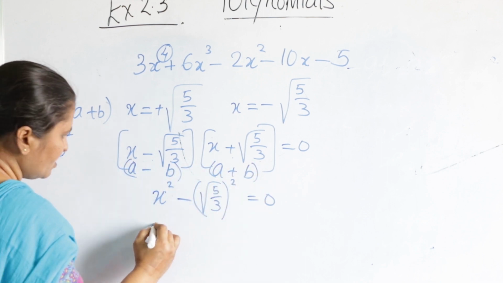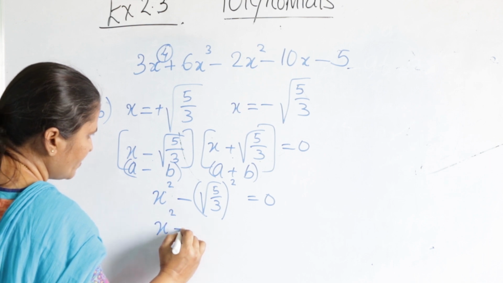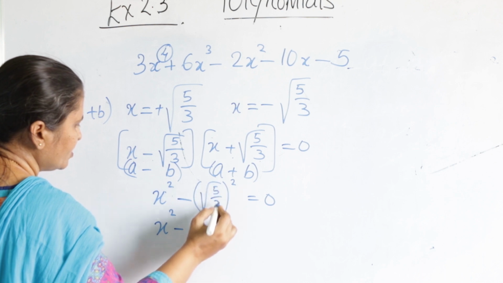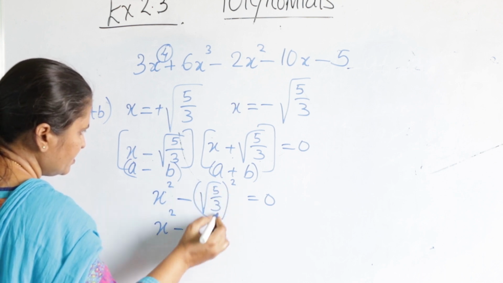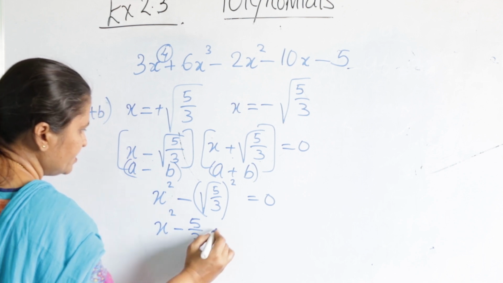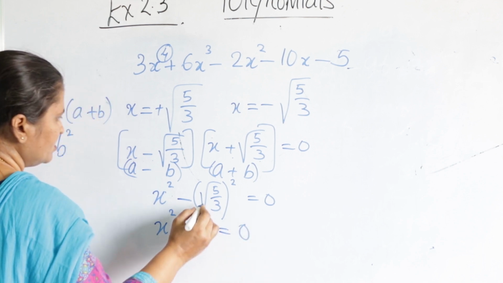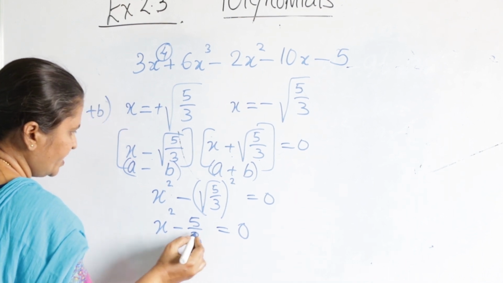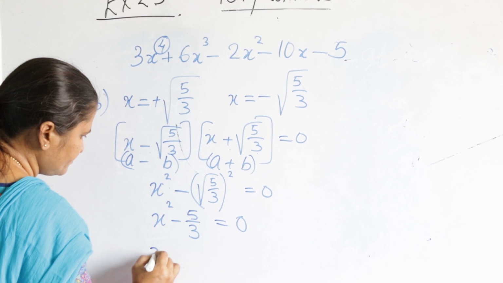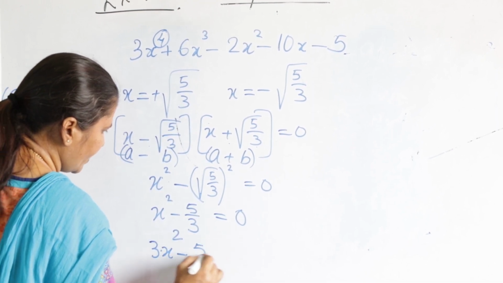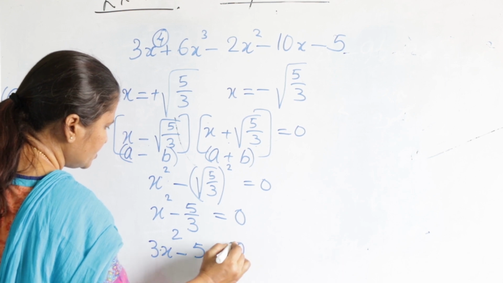So now we have x square minus 5 by 3, since the square of a root is just the real number, is equal to 0. Now let's multiply every term by 3, so it becomes 3x square minus 5 is equal to 0.